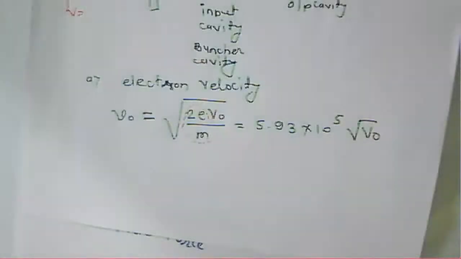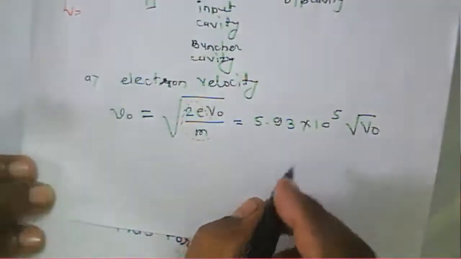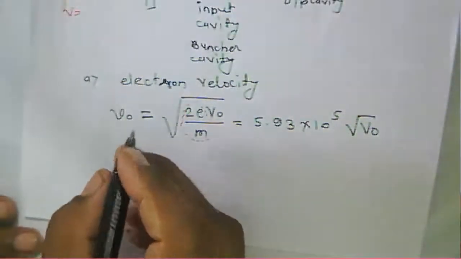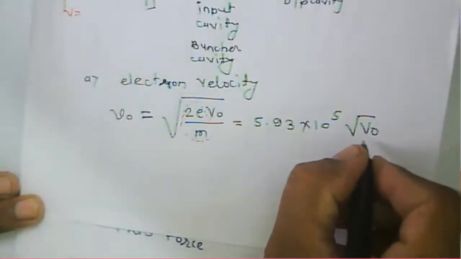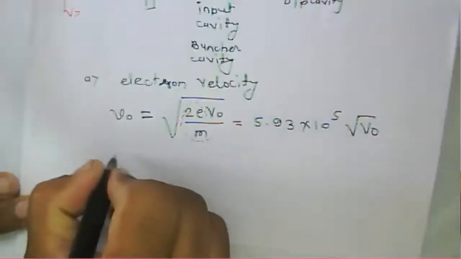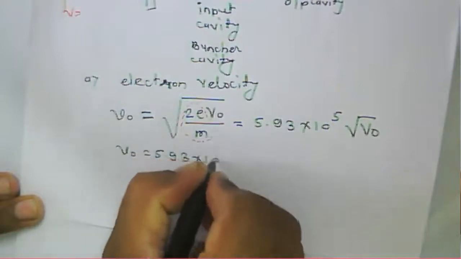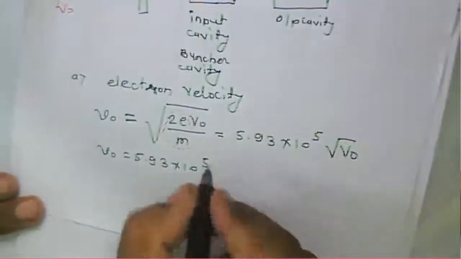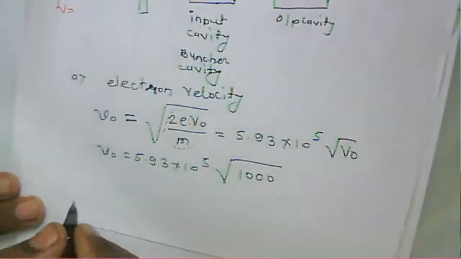Now we use these values to solve for the electron velocity. V0 is given as 1 kV, so we put 5.93 times 10 to the power 5 times the square root of V0, that is 1000, 1 kV.